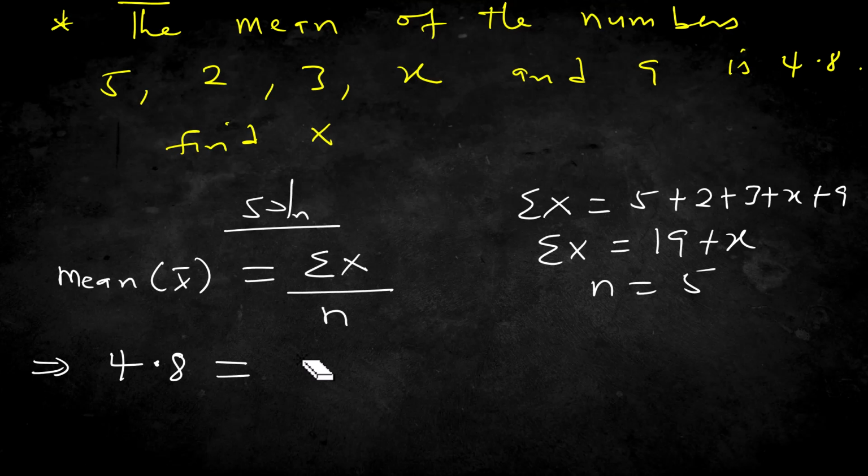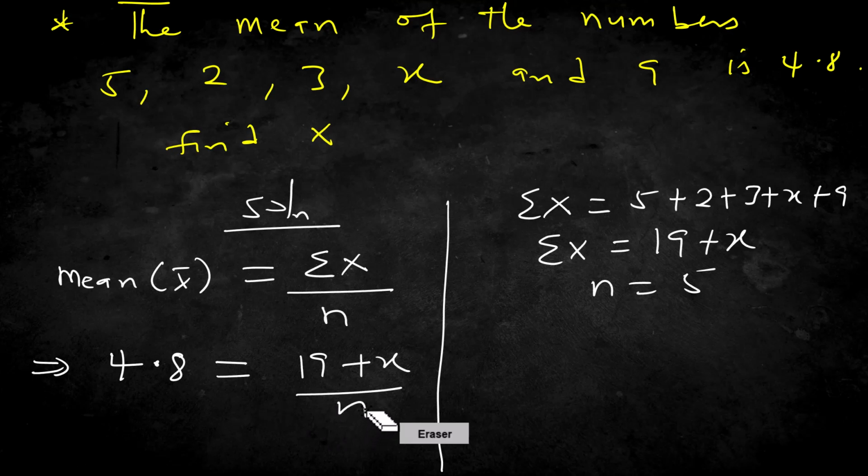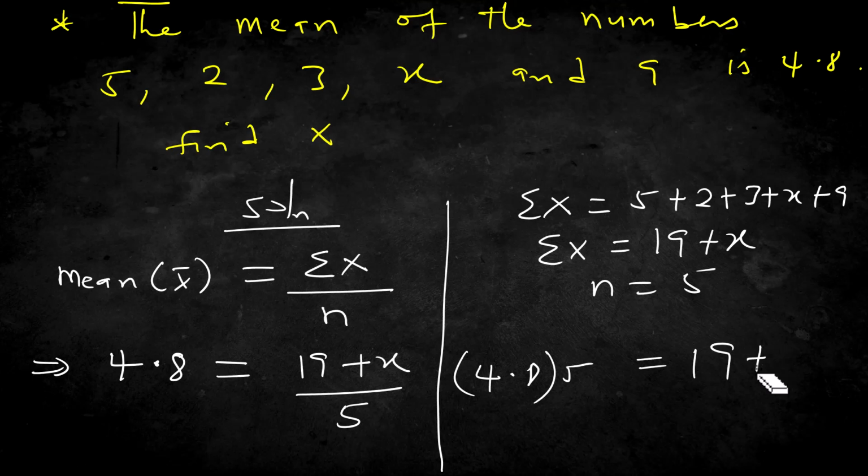So we have 19 plus x over n equals 4.8. n is 5, so 4.8 times 5 equals 19 plus x.